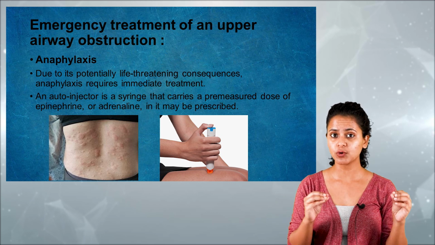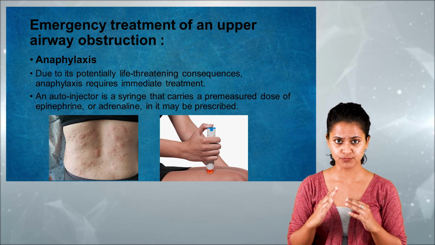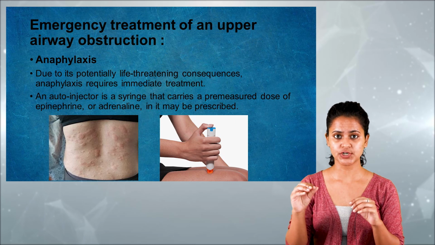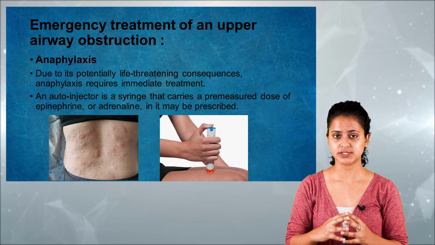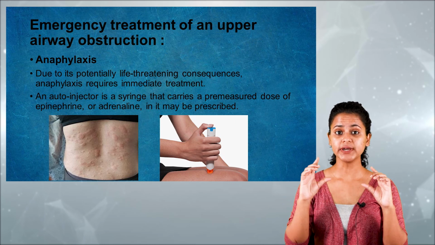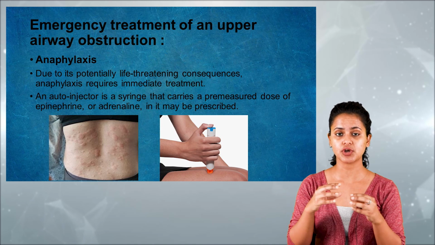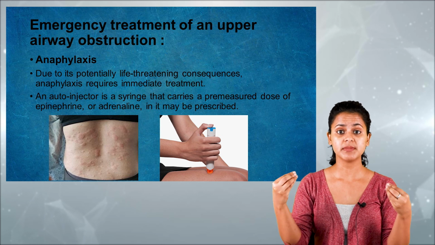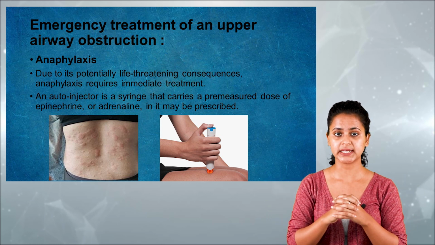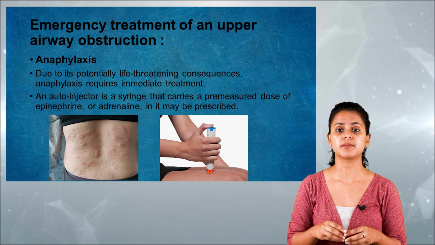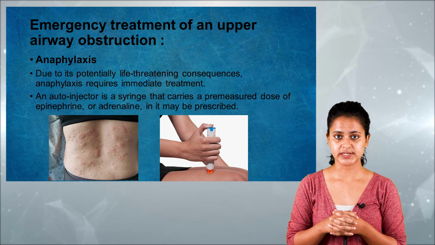Now, with a known history of anaphylaxis, those clients are generally provided with an auto injector. The auto injector syringe generally consists of a pre-measured dosage of emergency medication. These emergency medications can be epinephrine, or adrenaline.